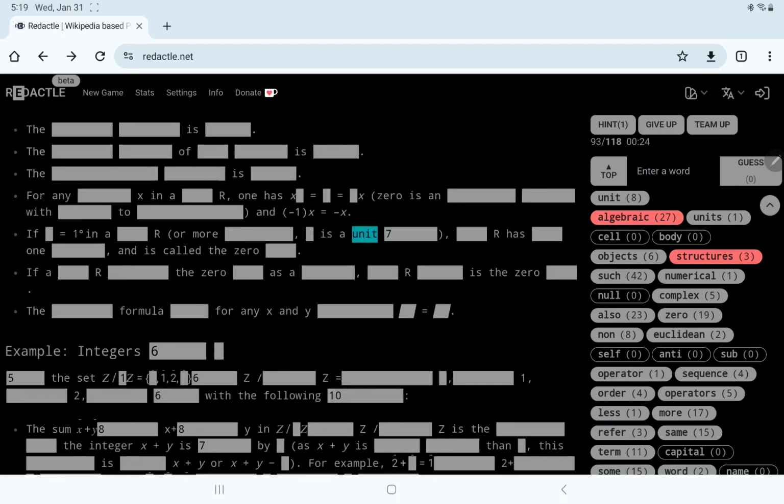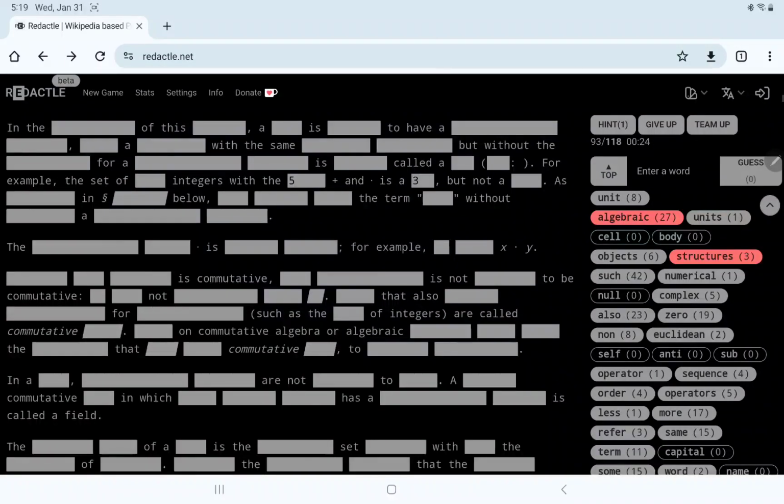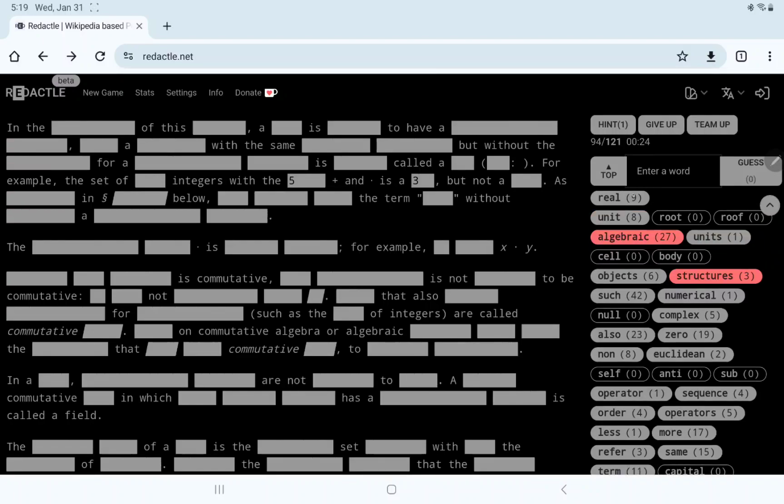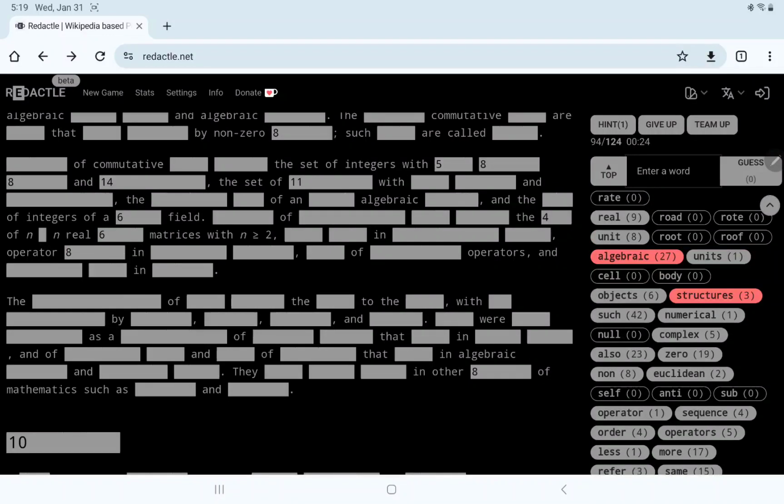Is a unit if, oh yeah, and I did think it might begin with R. I think I've done root, no, roof. Real is always a good word in mathematics. Road, wrote, rate, rise.